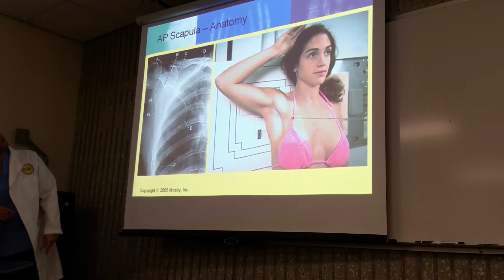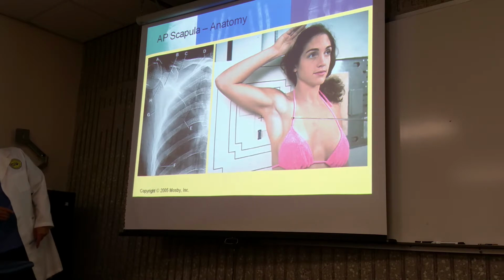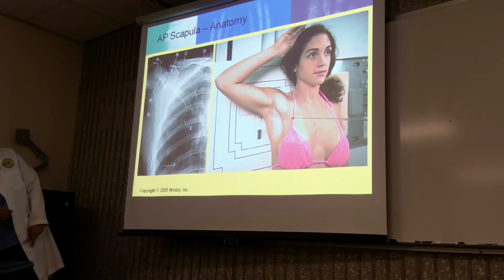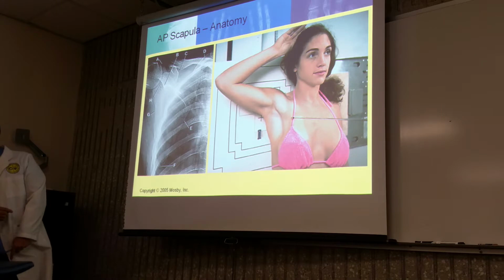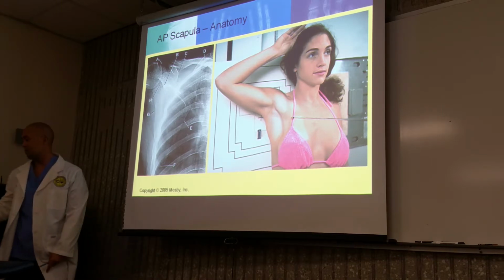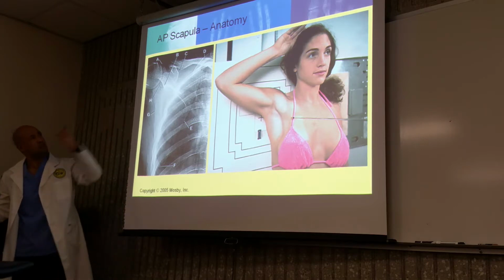Okie dokes? What's A? I think it's pointing to the AC joint. Well, what did I say C was? I think it's pointing to the notch. Okay, A is going to be the AC joint. What do you guys have there in your book? Oh, you guys don't bring your books, okay. What is that? Let's see.